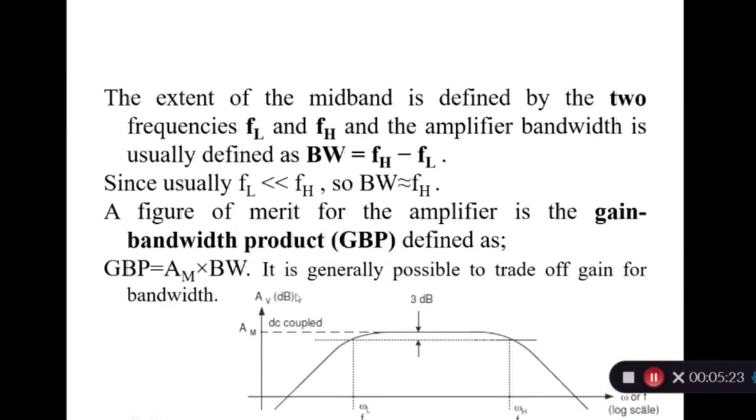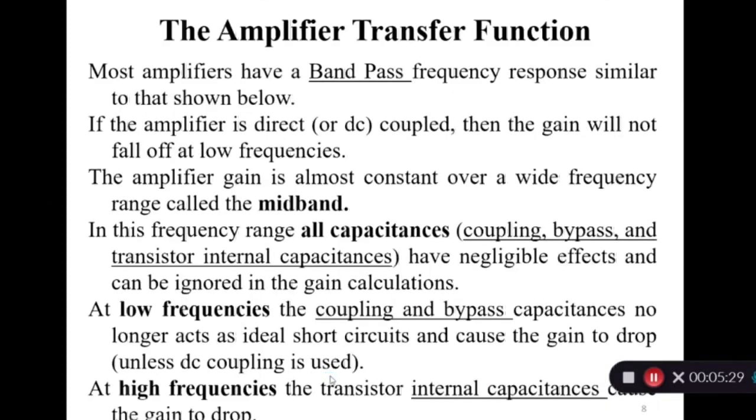After the mid-band, this is the low frequency range, and this is the high frequency range. To calculate the low frequency range: at low frequency, the coupling and bypass capacitances C1, C2 and CS no longer act as an ideal short circuit and cause the gain to drop.